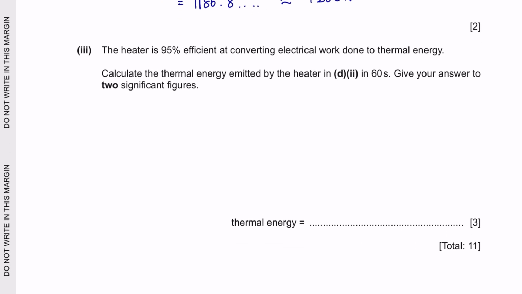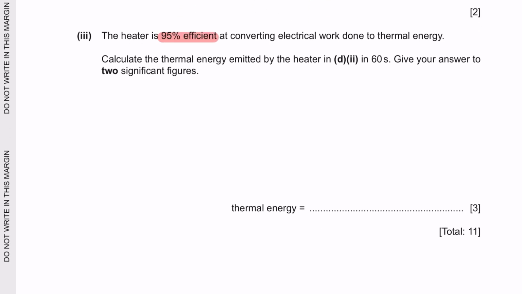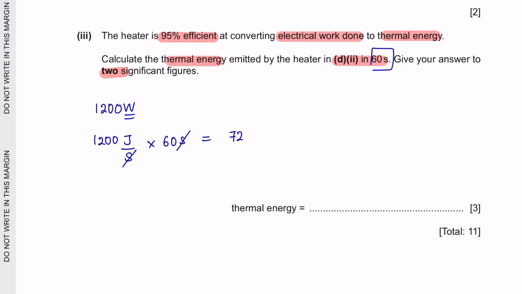Next, question part 3. The heater is 95% efficient at converting electrical work done to thermal energy. Calculate the thermal energy emitted by the heater in D part 2 in 60 seconds and give your answer in two significant figures. We know that the power is 1200 watts. Remember, this is actually how much energy is transferred per second. And we are looking to find for 60 seconds. So we'll just multiply this by 60 seconds, giving us 72,000 joules.